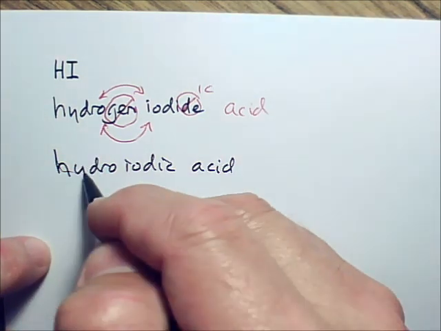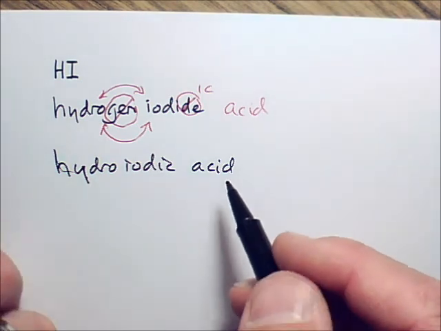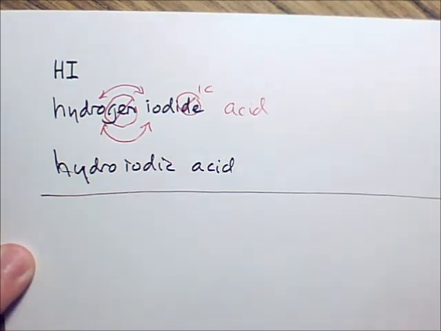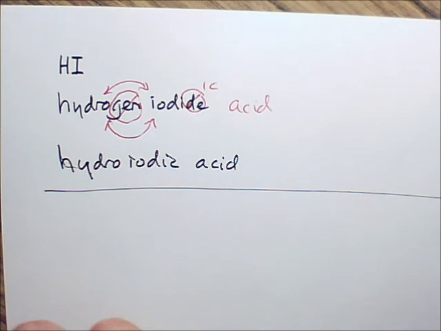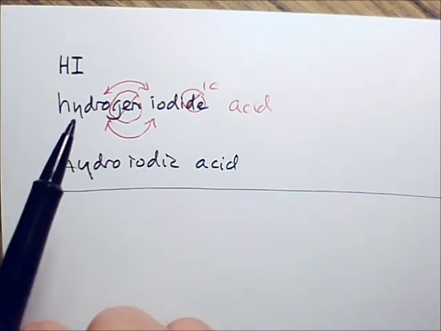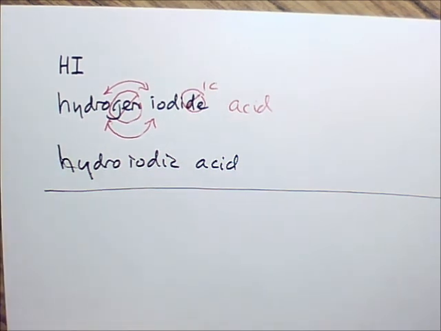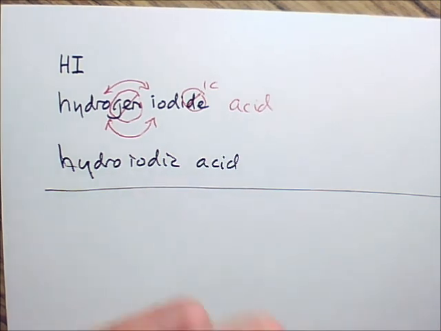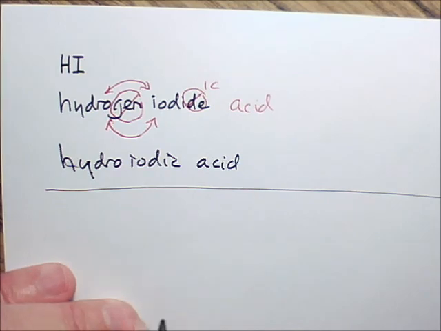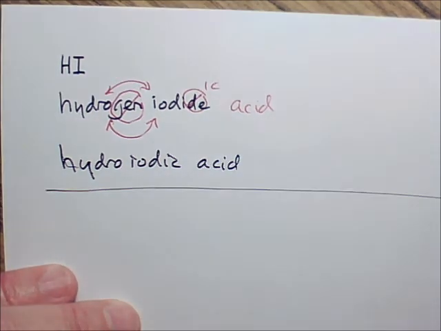Hydroiodic acid, yeah. That's how I would say it. But you're not going to be asked for pronunciation on the test, so it doesn't really matter. Well, you might have to name compounds. That's one of the things that could be on the test. Naming compounds was in the last unit, but we keep needing that, so I'm trying to re-emphasize that.